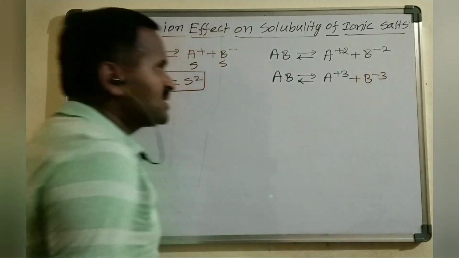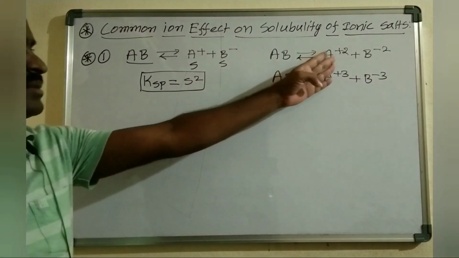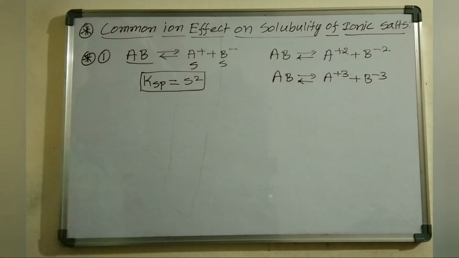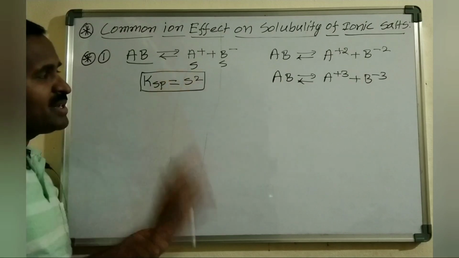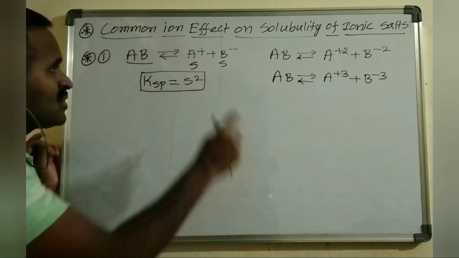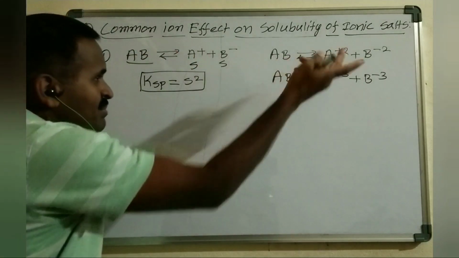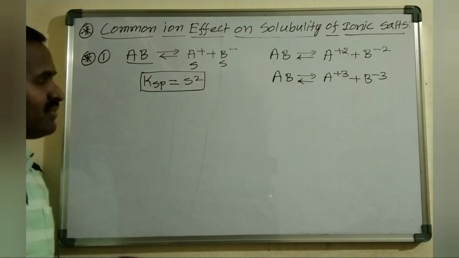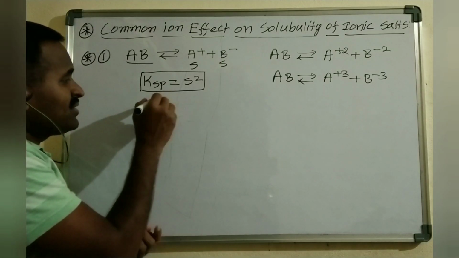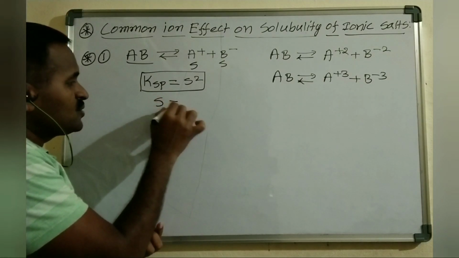So the valency has no effect on the solubility product. Here Ksp is equal to S square for an AB type of electrolyte, whether monovalent, bivalent, or trivalent.